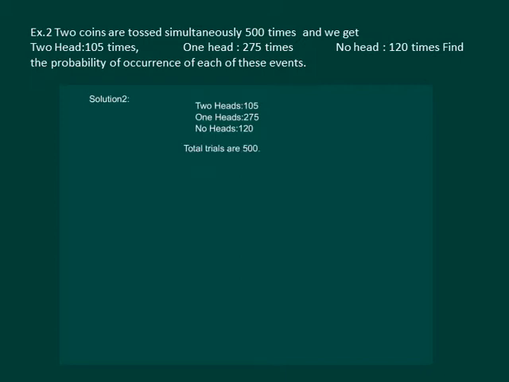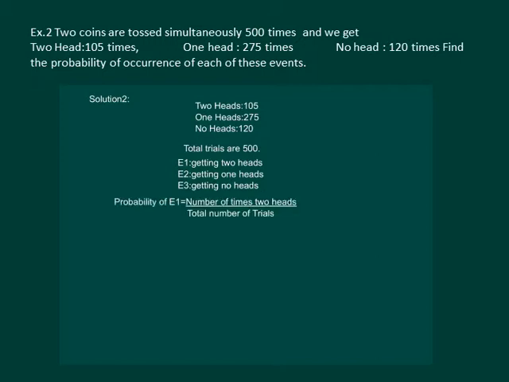It is given that two coins are tossed simultaneously 500 times, which means total trials are 500. Let us denote the event of getting two heads by E1, the event of getting one head by E2, and the event of getting no heads by E3.